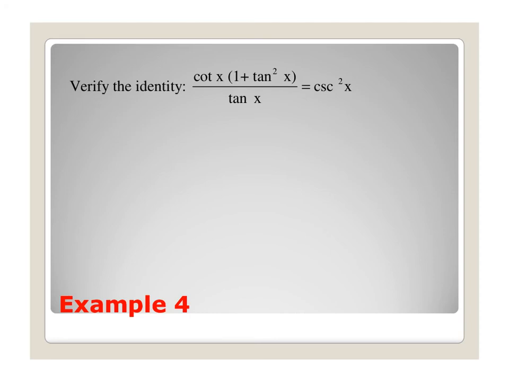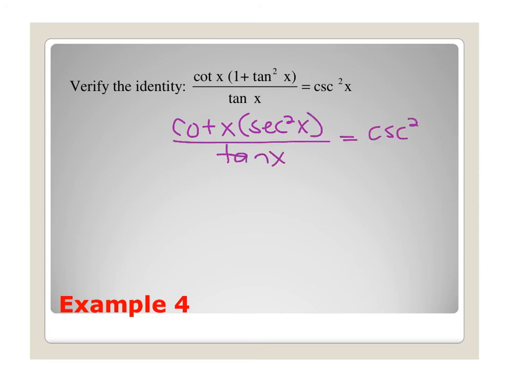So this is cotangent x times 1 plus tangent squared x over tangent x equals cosecant squared x. So what do you see there that immediately you could replace? 1 plus tangent squared is what? Secant squared. So I get cotangent x times secant squared x over tangent x equals cosecant squared x.